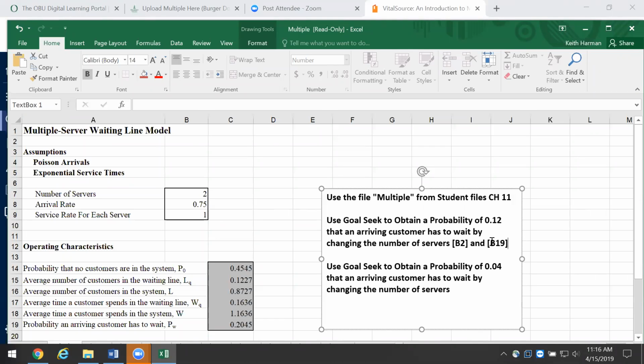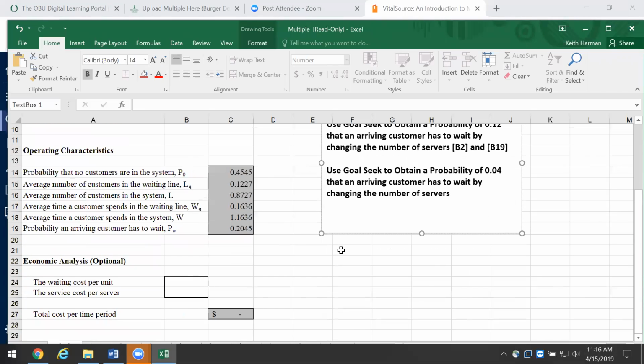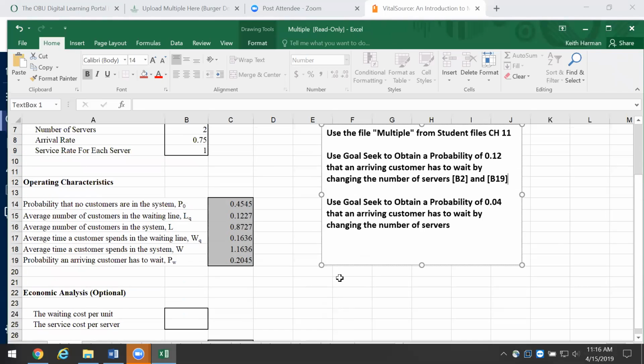Now, what I want to see you do is do both of these, get the probability 0.12 versus 0.04, and I want to see them in two different tabs, okay? And then maybe some verbiage that says, all right, what happened?